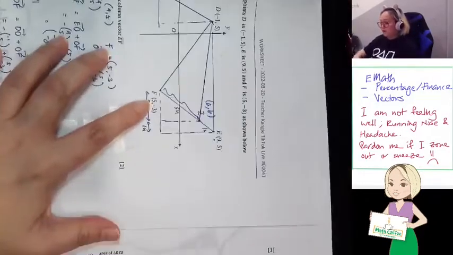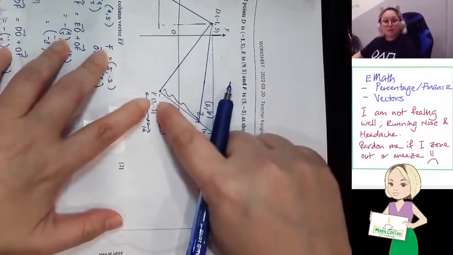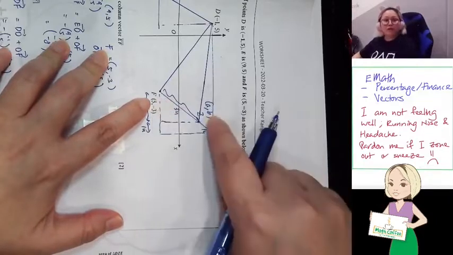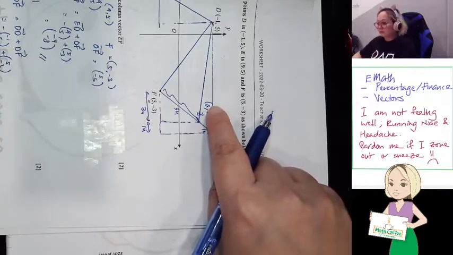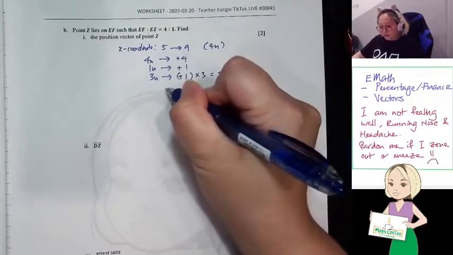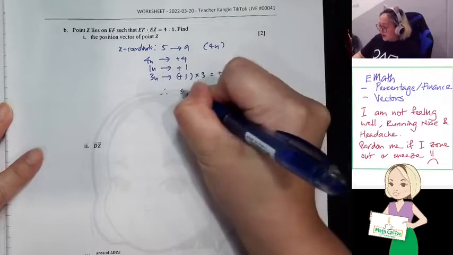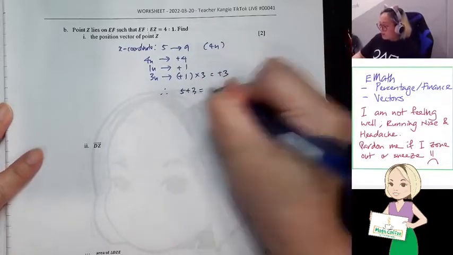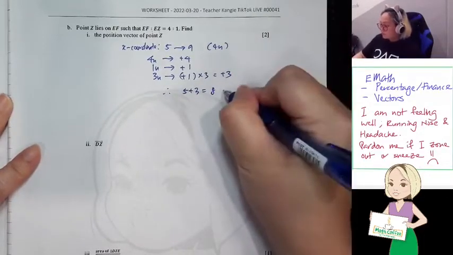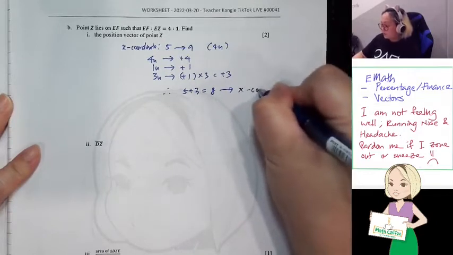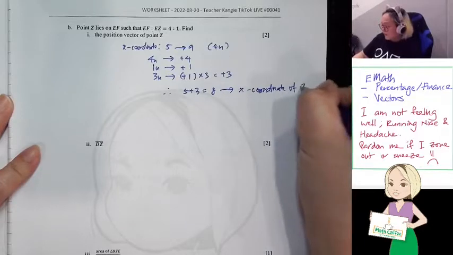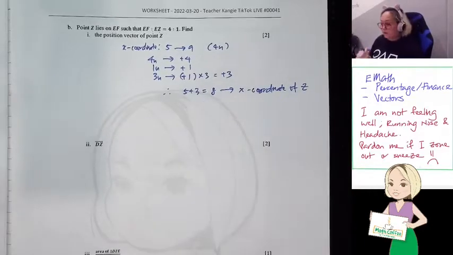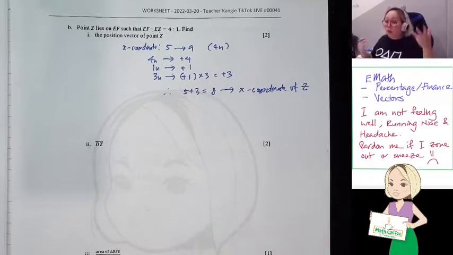Of course, from the 5 as well. So 5 plus 3, I know my x coordinate of Z will be 8. Okay, so this is the x coordinate of Z. We're not done yet because we want to look at the y coordinate as well.